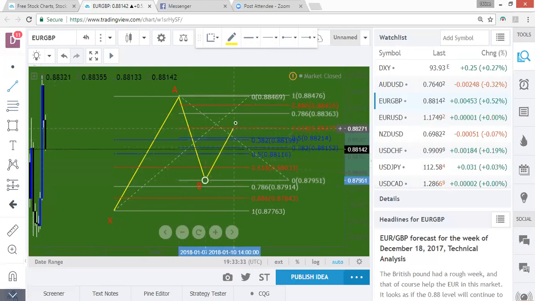But as long as we hit the 618, we can go down to the extreme lows of A, as long as we don't break above A in this case. We can even double top, that'd be a valid C leg. But again, as long as we hit the 618, we've got a valid C leg as far as our Gartley pattern goes.